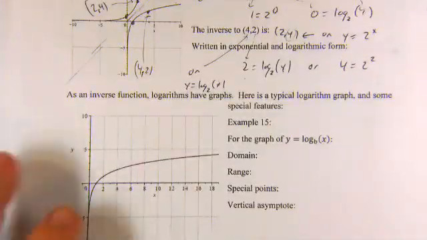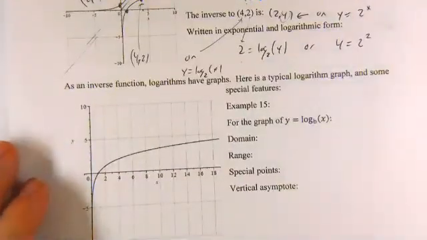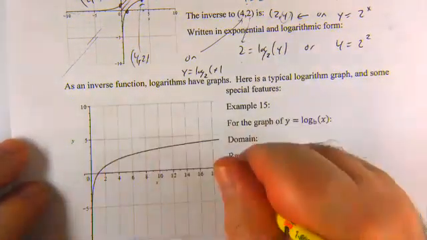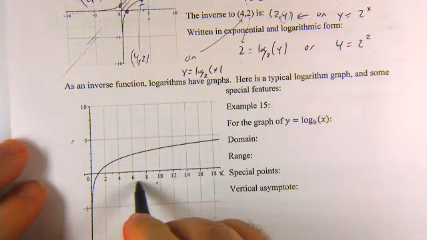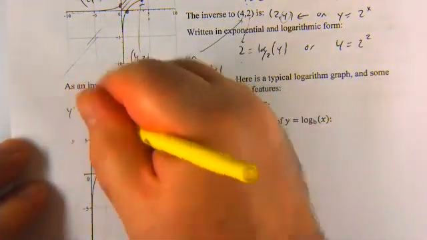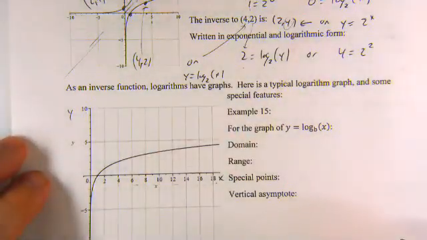So as an inverse function, they have a graph. It looks like this. This is sort of a standard graph. Note that my x-axis goes 2, 4, 6, 8, 10, 12, 14, 16, 18, and my y-axis goes 10, 5, minus 5, so this is stretched out a little bit. But here's the graph of log base b of x.